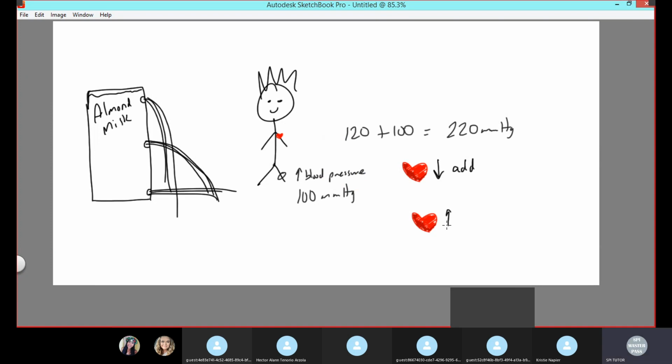And then if you are above the heart, you're going to subtract from your blood pressure. So instead of your blood pressure being 120, it will be 120 but subtract whatever it is. Like they give you an example here, at the top of the head, you're going to subtract 30 millimeters of mercury.